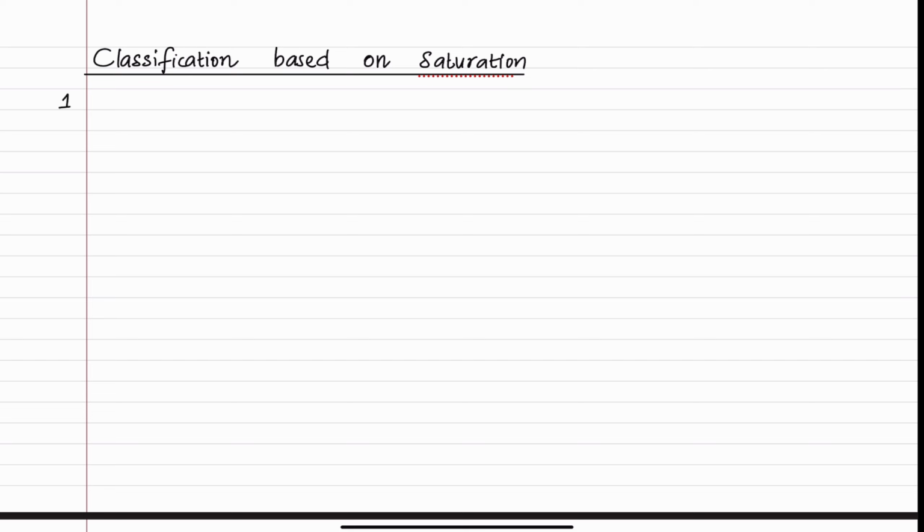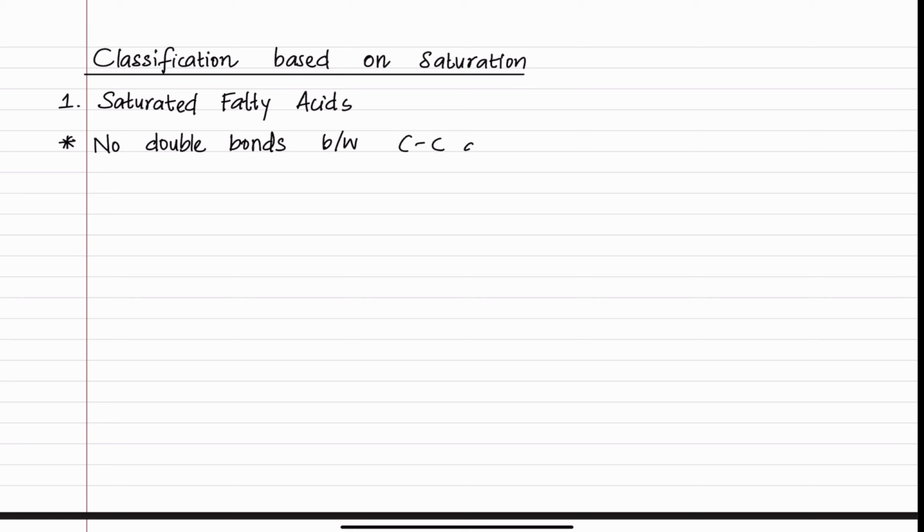So the first one would be saturated fatty acids. Points under this would be there are no double bonds between carbon-carbon atoms.